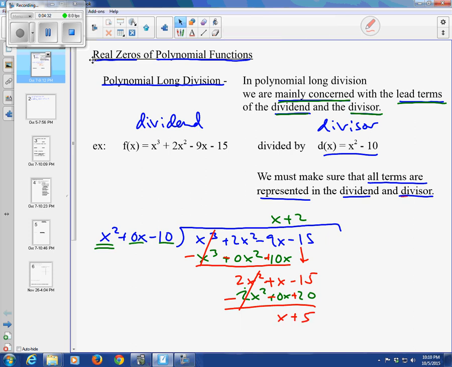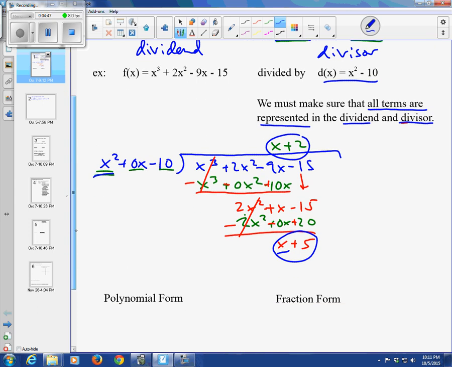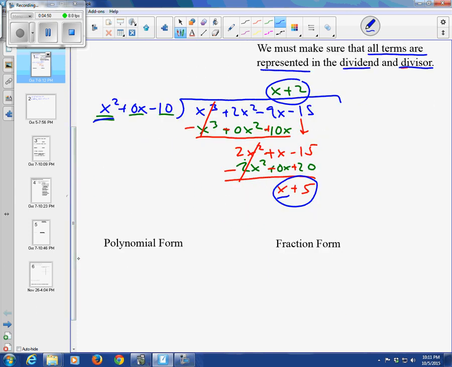Now since there's nothing we can multiply our x squared by in order to get just x, we would say that this x plus 5 is our remainder, and what we have right here with our x plus 2 is our quotient. So there are a couple ways we can represent the polynomial long division we've just done.